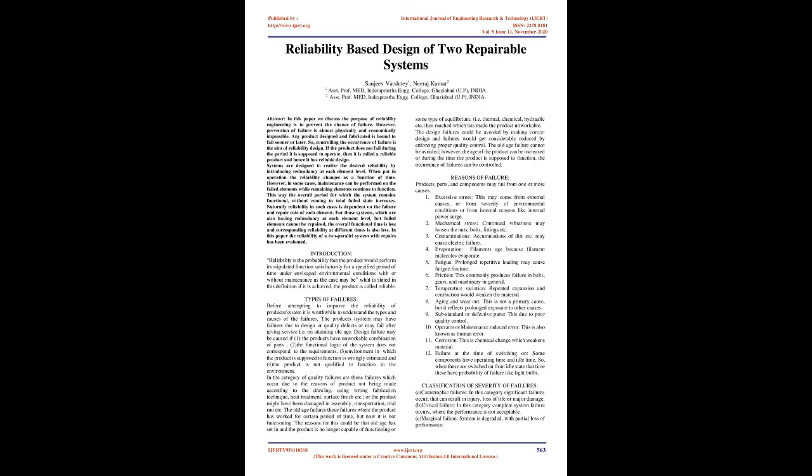Reasons of failure. Products, parts, and components may fail from one or more causes. 1. Excessive stress. This may come from external causes, or from severity of environmental conditions, or from internal reasons like internal power surge. 2. Mechanical stress. Continued vibrations may loosen the nuts, bolts, fittings etc. 3. Contaminations.